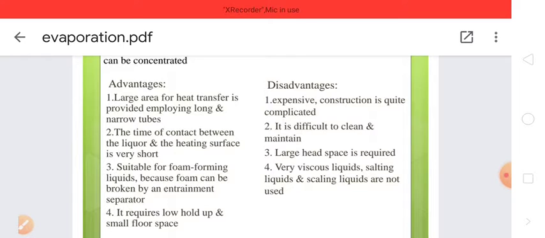The advantages: a large area for heat transfer is provided, employing long and narrow tubes. The time of contact between the liquid and the heating surface is very short, so it is suitable for foam forming liquid because foam can be broken by an entrainment separator.